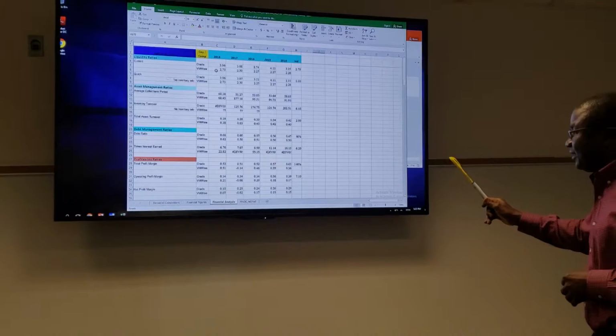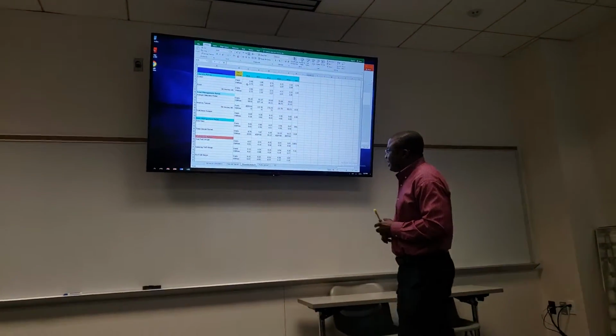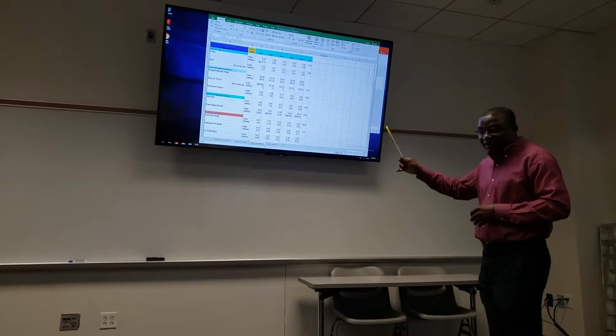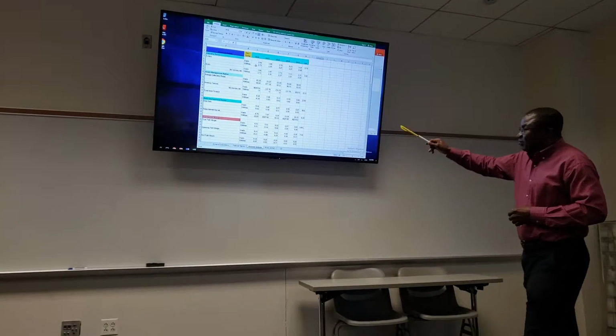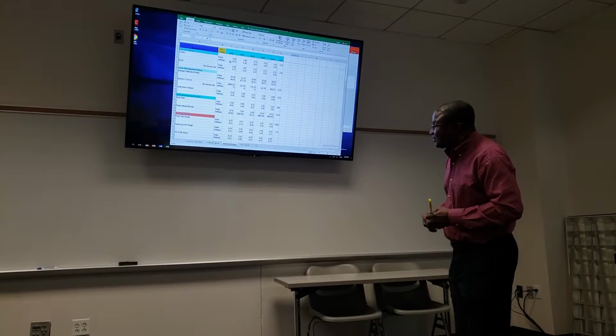We see the same pattern for VMware as well. And also the time interest, which is also one of the ratios that are computed under debt management.